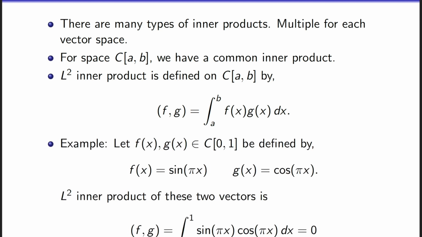For example, let's take two functions in the space C[0, 1]. So continuous functions defined on [0, 1]. f is going to be sine of pi x, and g will be cosine of pi x. By multiplying and integrating these two functions, we see that the L2 inner product is 0. This is actually quite interesting and relates to an idea that we'll talk about next.